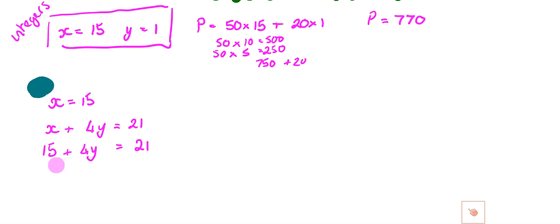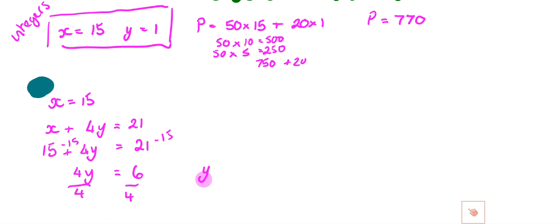Well done. Let's subtract the 15. Subtracting the 15 gives me 4y equals, it's not a big job, 21 minus 15. 6, good. Now I divide by 4, good.